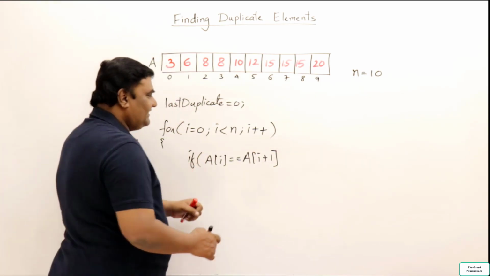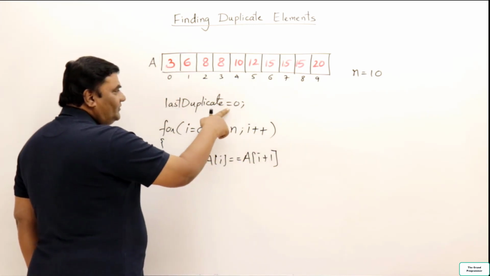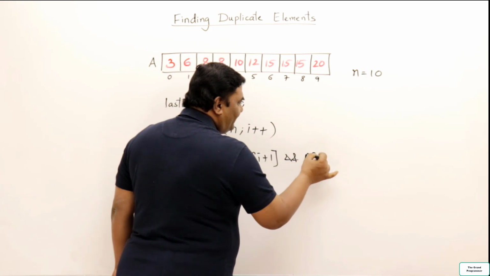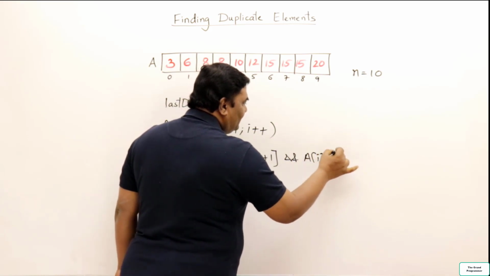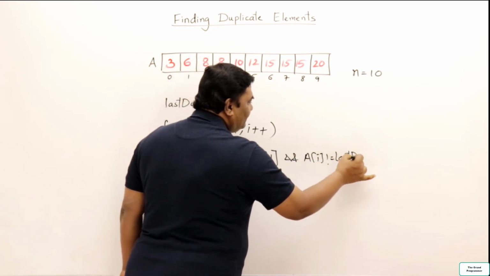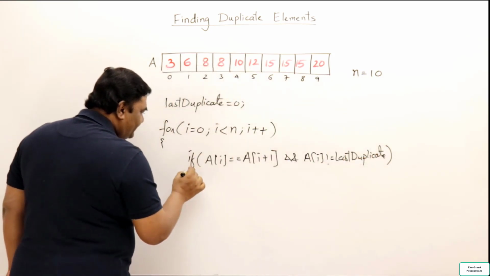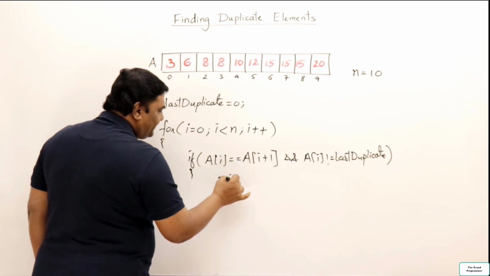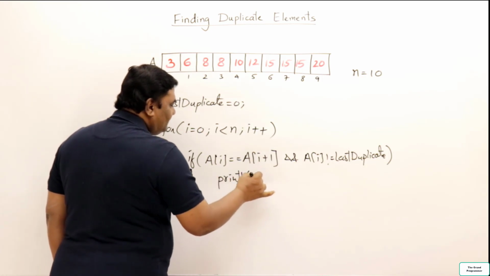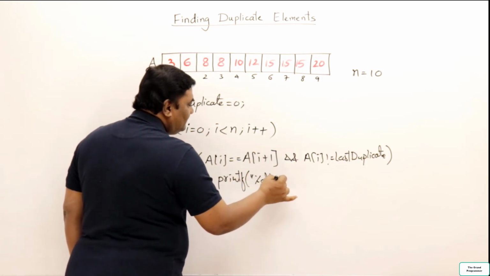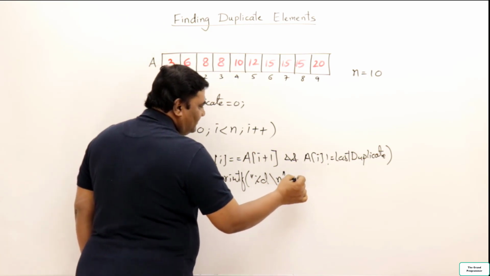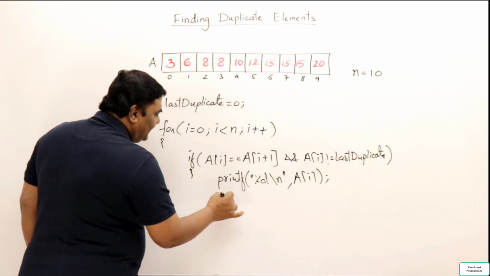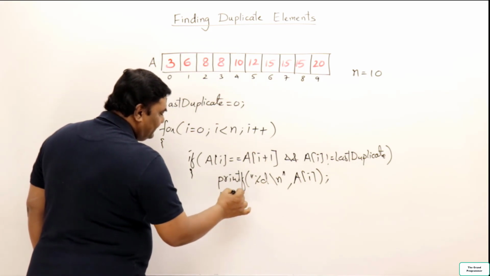And also I should check that a of i is not equal to last duplicate. So if these two conditions are true, then I got a new duplicate, so I will print this one, with printf, the element a of i, and also modify last duplicate to this a of i.